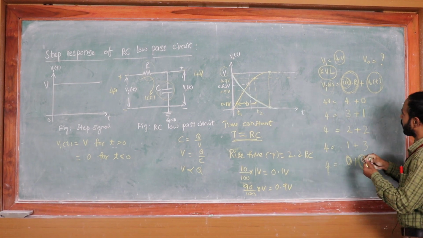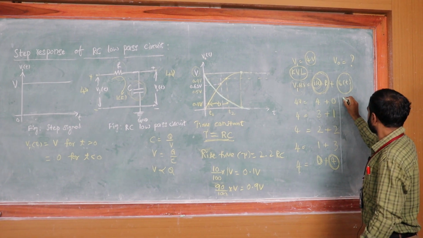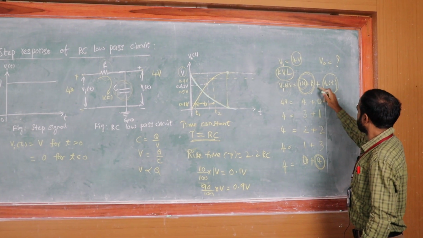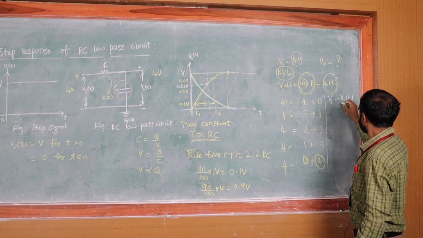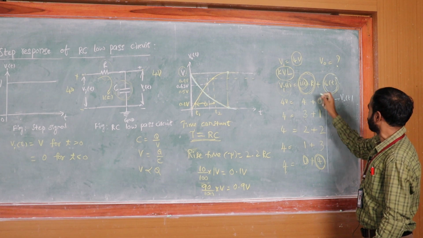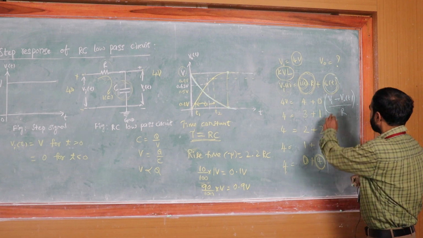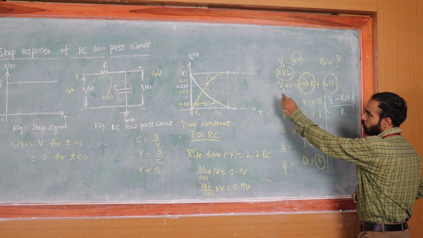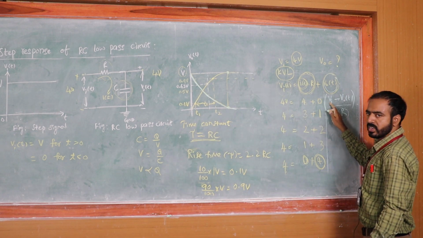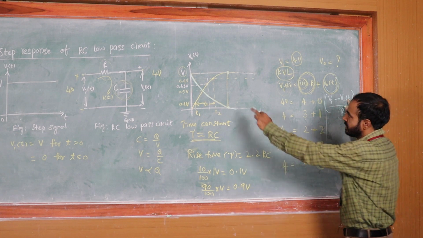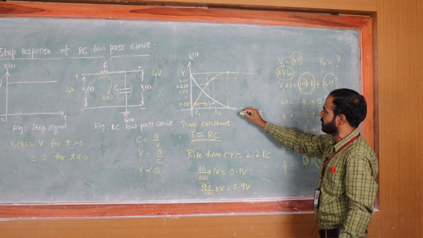The current in the circuit is the input voltage minus V naught of t, that is Vi of t minus V naught of t, divided by R. So this is the current in the circuit: input voltage minus output voltage by R. Here the input is 4 volts, the output is also 4 volts at this instant. 4 minus 4 is 0, 0 divided by anything is 0, so the current is 0.